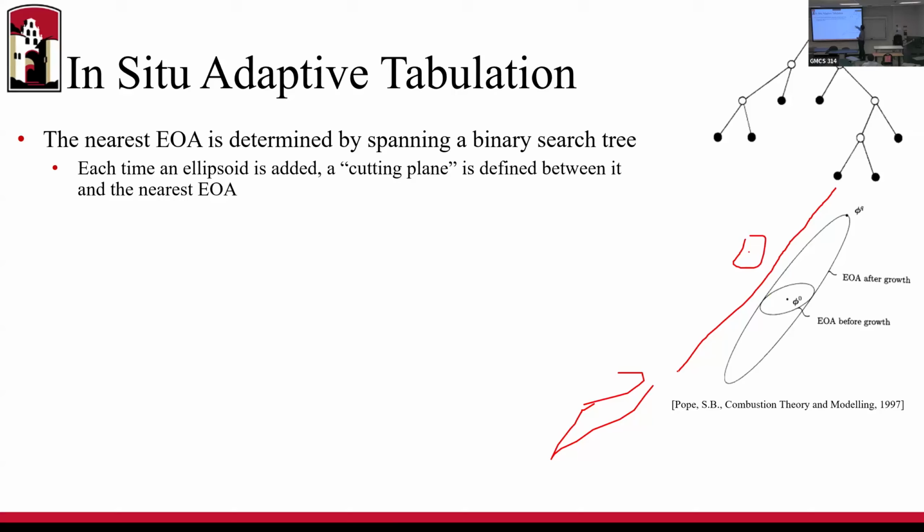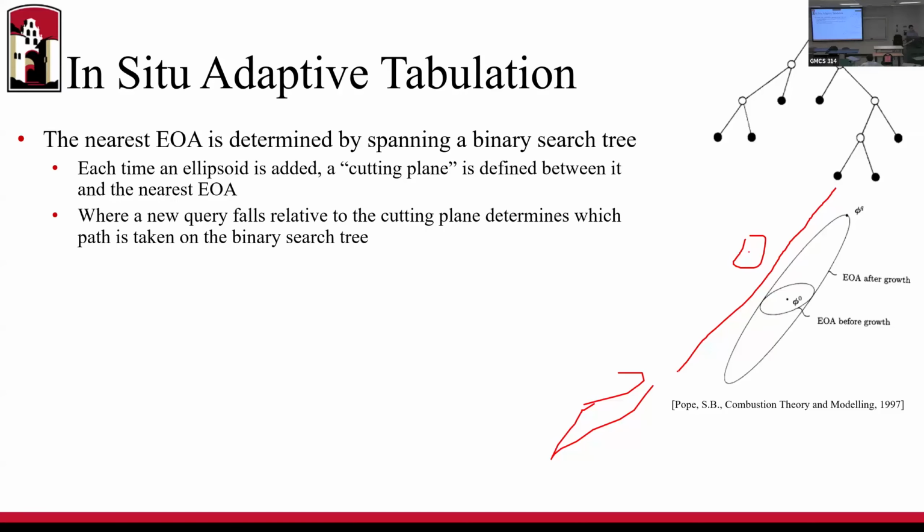So if we have gotten to this ellipsoid, we now check on which side of this cutting plane we are, and that tells us which path of the fork to take. So where a new query falls relative to the cutting plane determines which path is taken on the binary search tree.